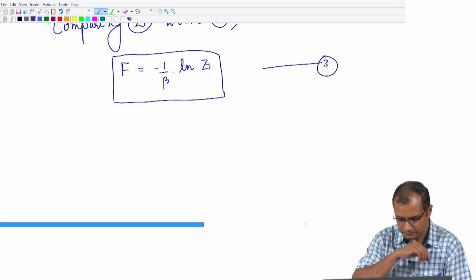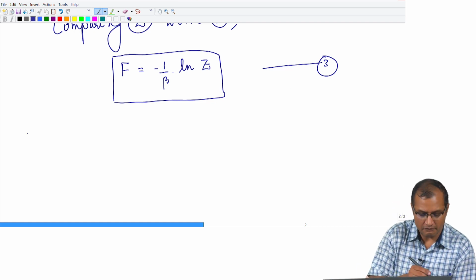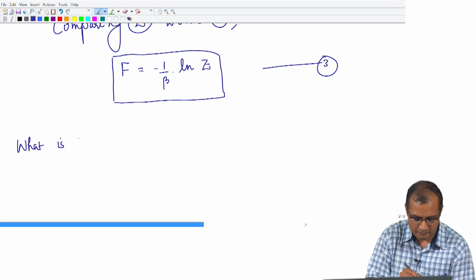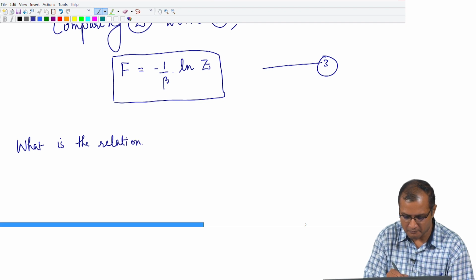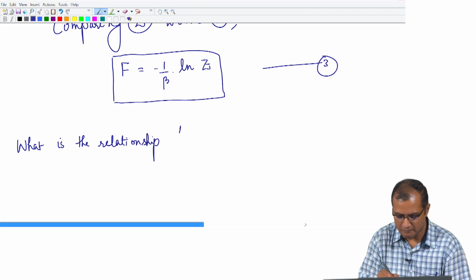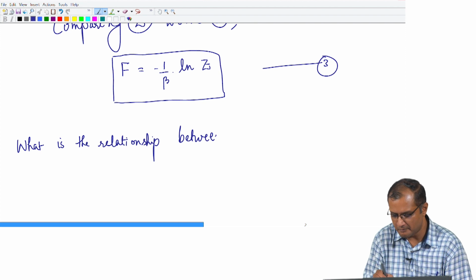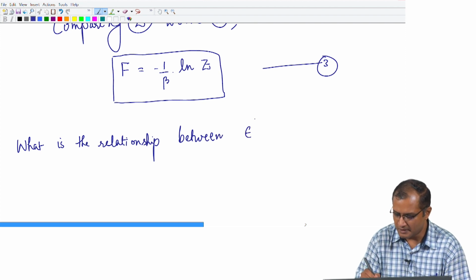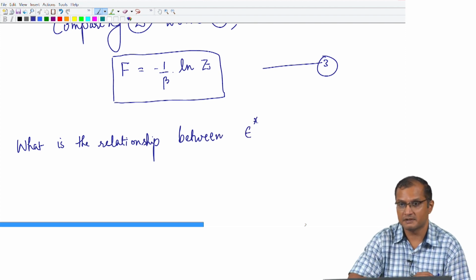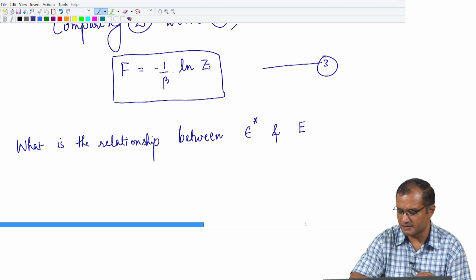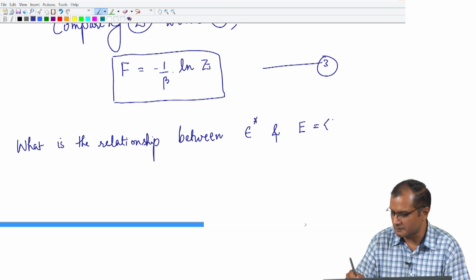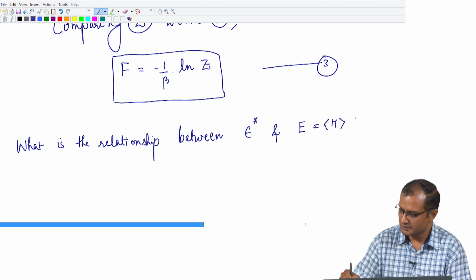Now, you would be wondering what is the relationship between the energy that minimizes free energy and the average energy that I have just derived, which is nothing but the expectation value of the Hamiltonian.